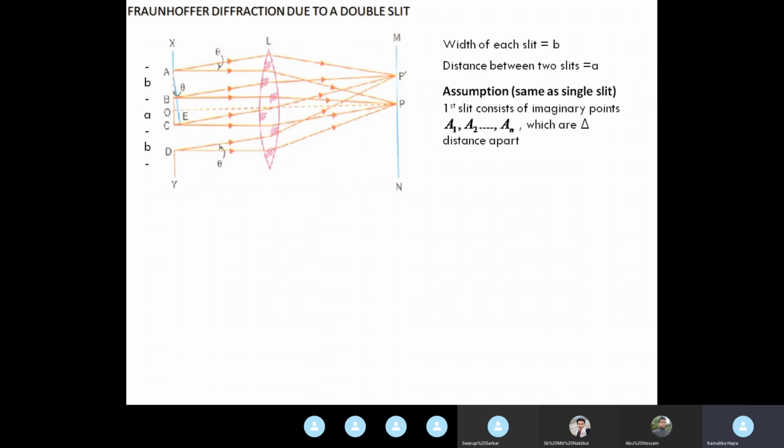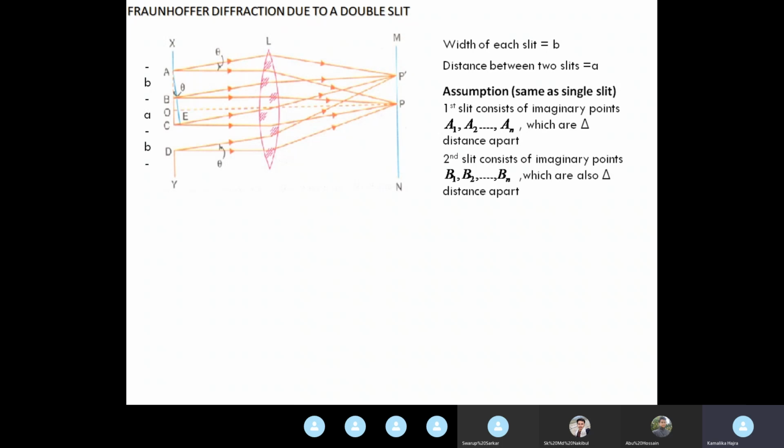That is, the first slit consists of imaginary points A1, A2, A3, etc. up to An, and the two consecutive such imaginary points are delta distance apart, right? So b is equal to small n into delta.